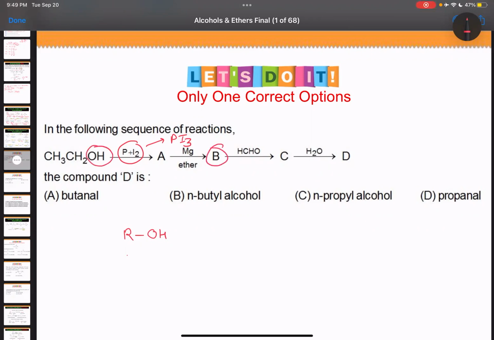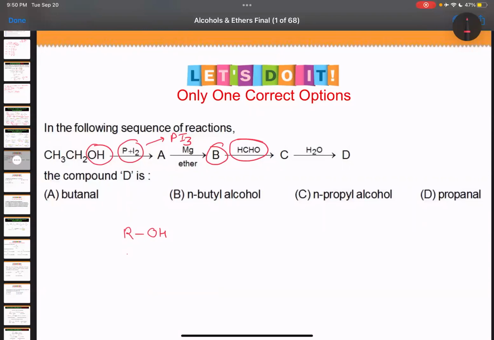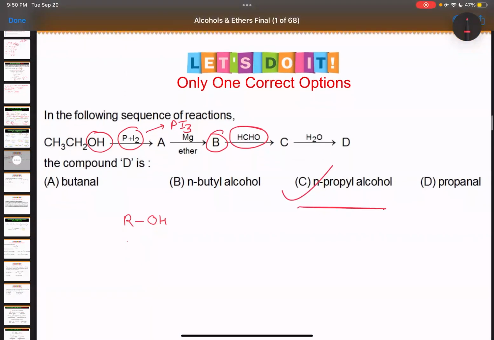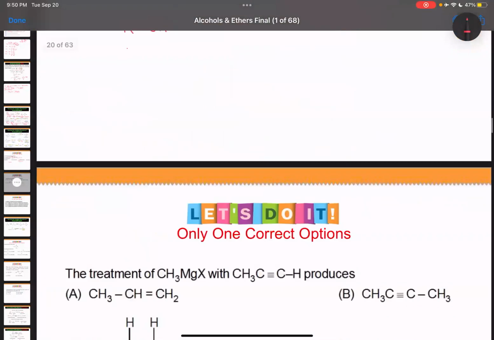Then you react it with formaldehyde, right? And finally you react with water. So ultimately, what's going to be the final answer? Sir, option C. Correct. Right. Good.